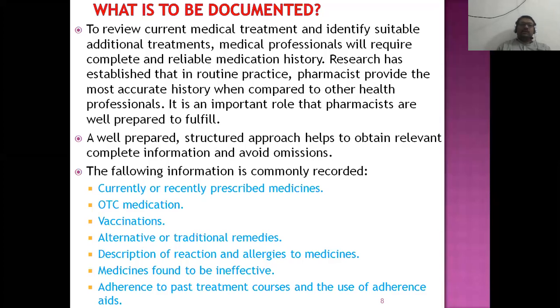The following parameters or information are generally recorded as common to all. That is currently or recently prescribed medications by the concerned physicians. What are the medications we are consuming currently? That should be commonly recorded firstly. Then OTC medications.